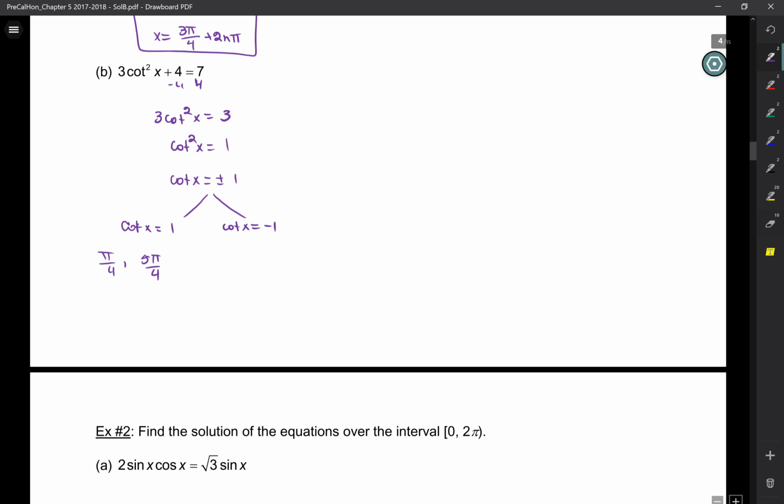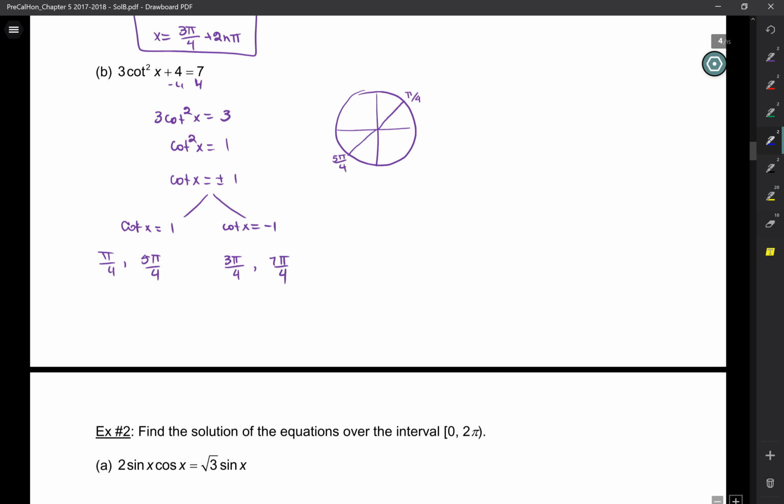And then where is it negative 1? 3 pi over 4 and 7 pi over 4. Okay. But now, let's just take a look here. So this is pi over 4, and then 5 pi over 4.